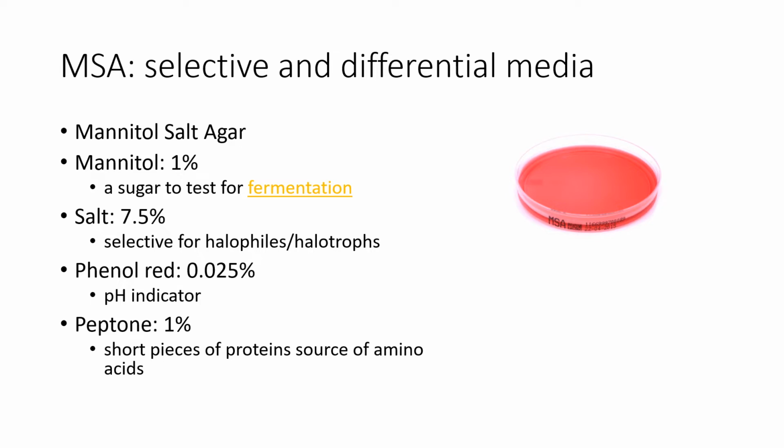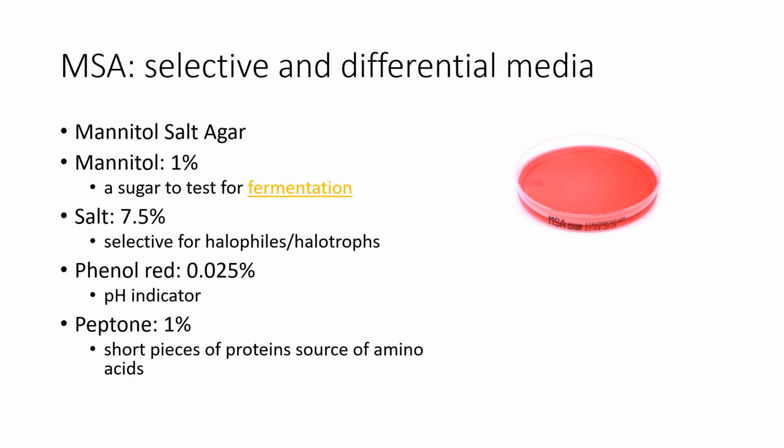So mannitol salt agar is selective. That means it enhances the growth of the target while suppressing the growth of the unwanted. And then there's differential media, which would give a visual distinction. So mannitol salt agar is both selective and differential.